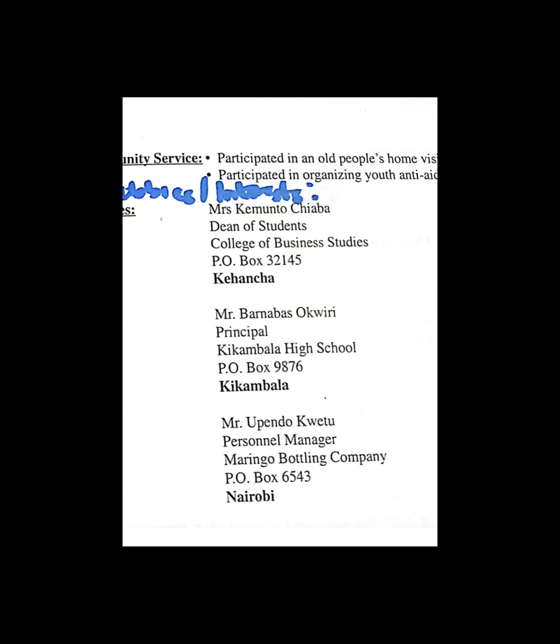And then of course you add the phone number and also the email address. So please contact them beforehand. Let them know that you're giving their names as referees, so that when they're called, they're not caught off guard.